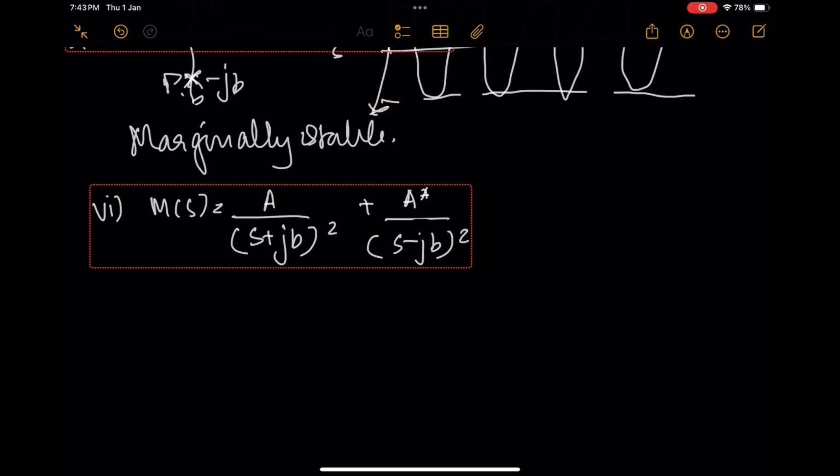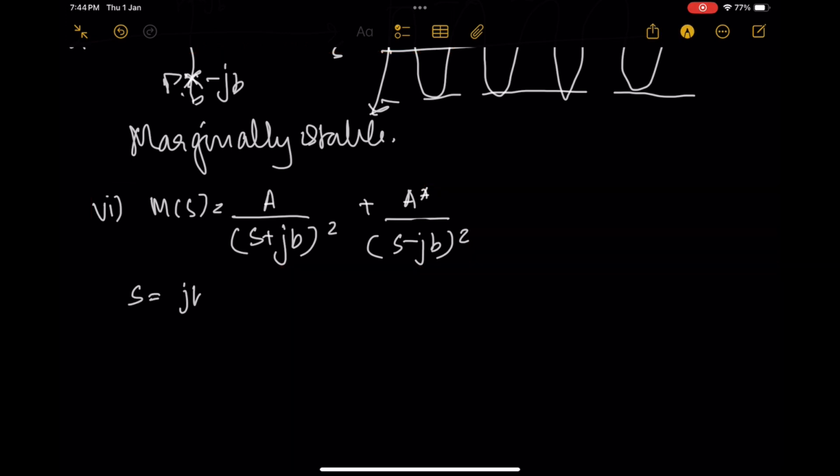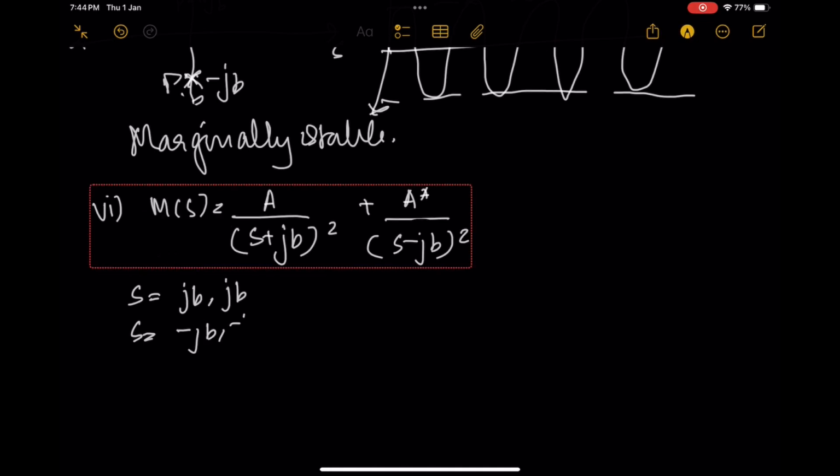Okay, on solving this given equation, you will get s equal to jb, jb and s equal to minus jb, minus jb. Minus jb is the root of the first equation and this one is the root of the second equation. So on solving these two, we got answers, that is jb and minus jb, plus jb and minus jb.